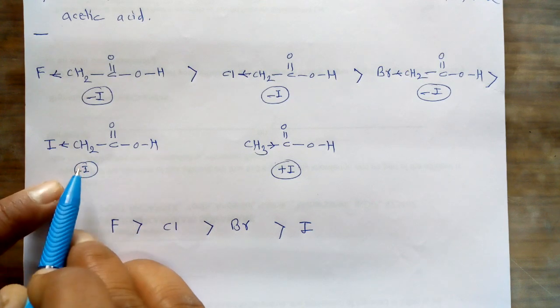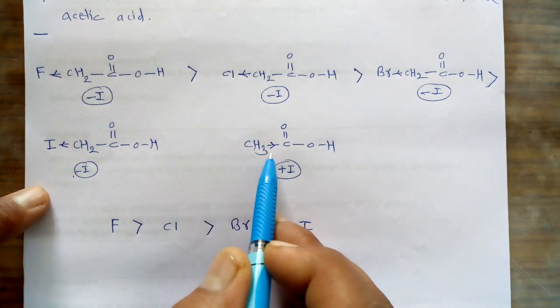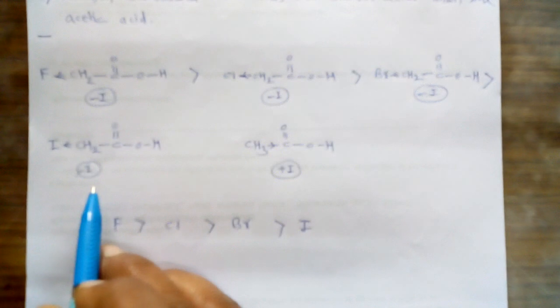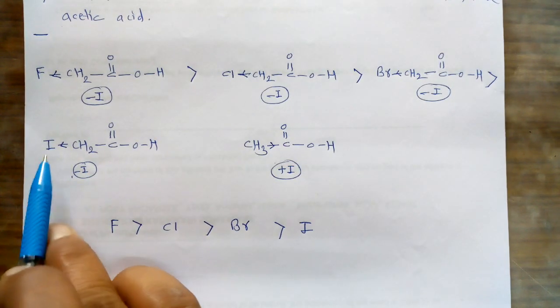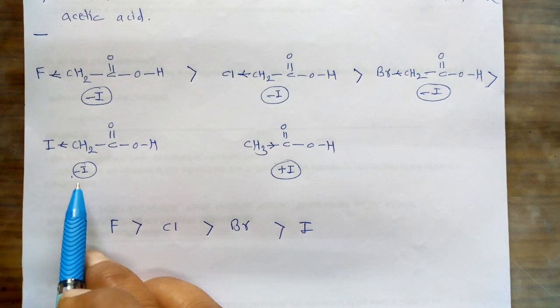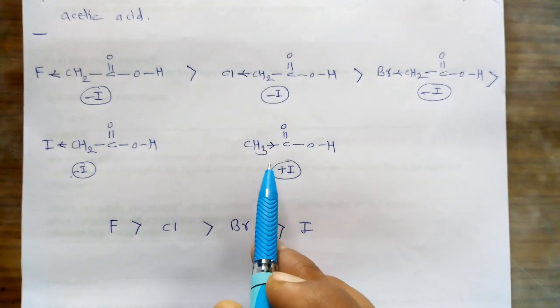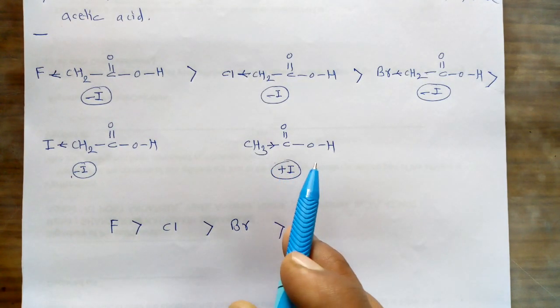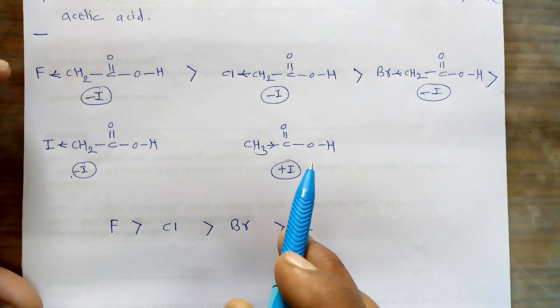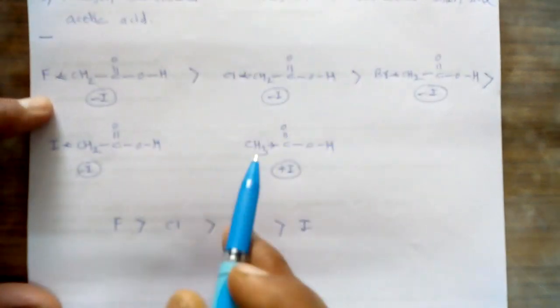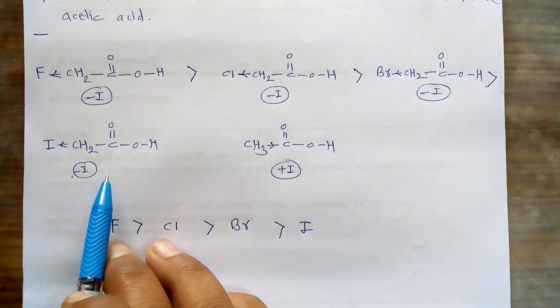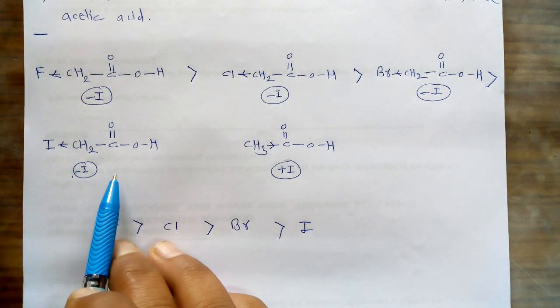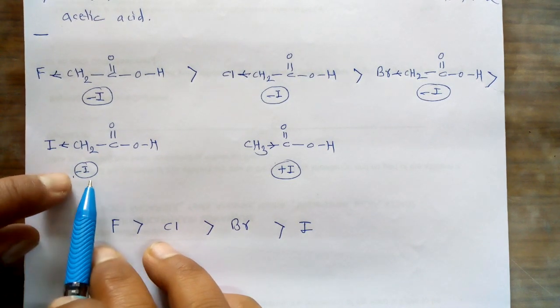And if we compare iodoacetic acid to acetic acid, what happens is that in iodoacetic acid, due to the presence of iodine, a minus I inductive effect is present, while in acetic acid there is a plus I inductive effect. And we know very well that when we consider the conjugate base of these two acids, the minus I inductive effect stabilizes the conjugate base of the acid.